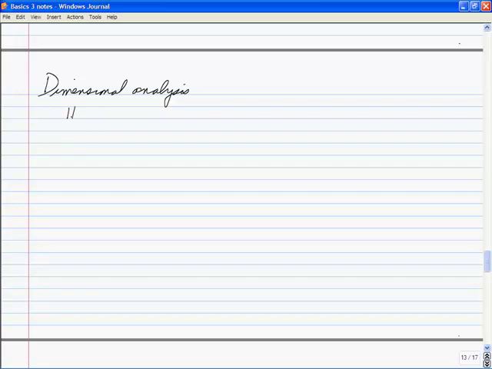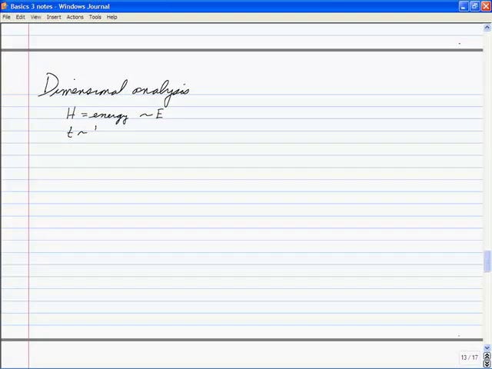The Hamiltonian, we know, has dimension of energy. And I'm going to use energy as my basic unit. So let's just call this E, meaning whatever units I want to use for energy. Then time goes like 1 over E from our commutation rules.